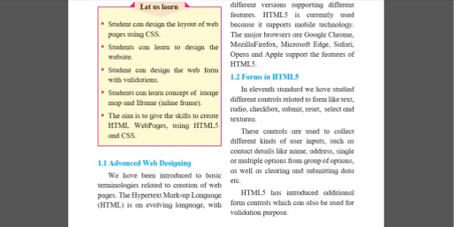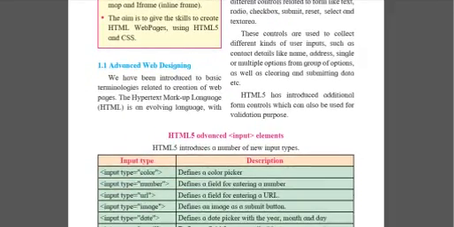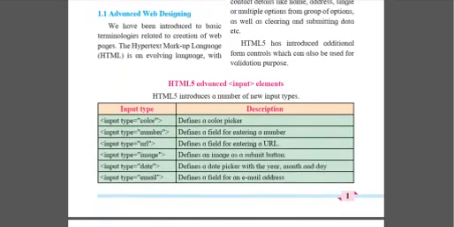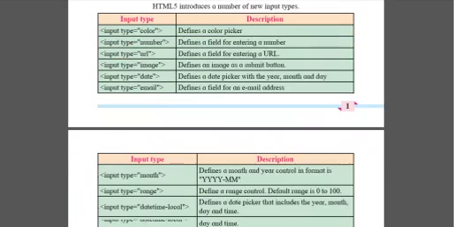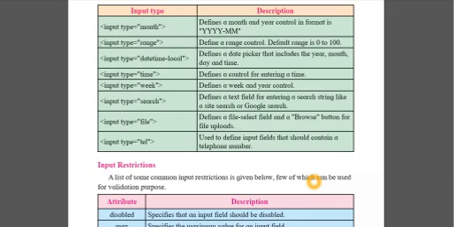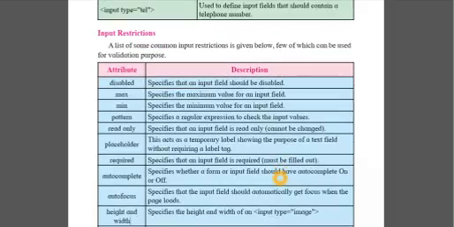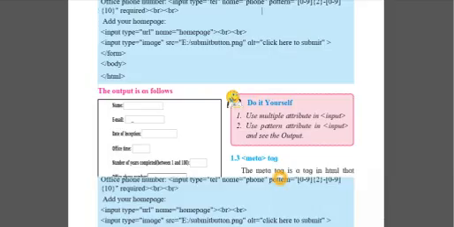It supports HTML5, which uses validation processes like colors, number, URL and many more things. Even though we have seen about input restriction, so we'll see about that like disable, max, min and placeholder, required, autocomplete and many more things.